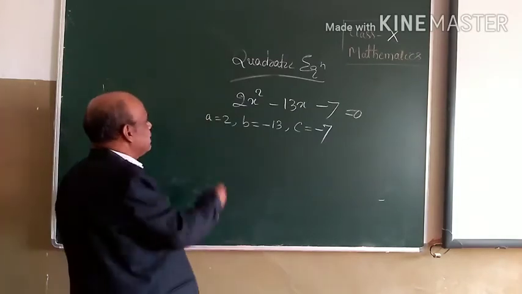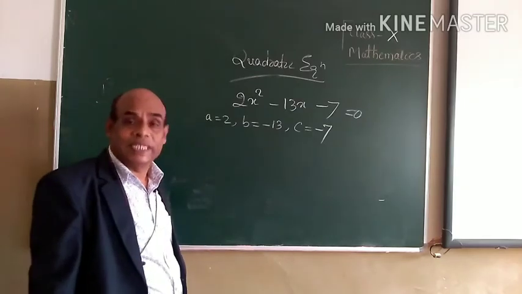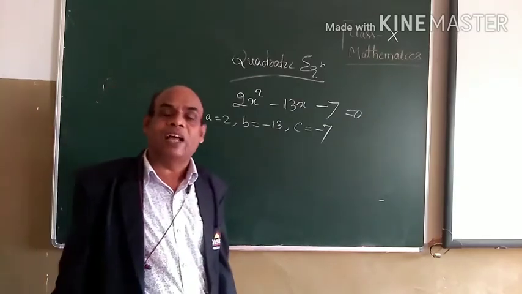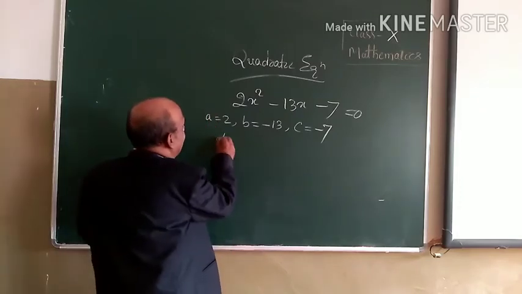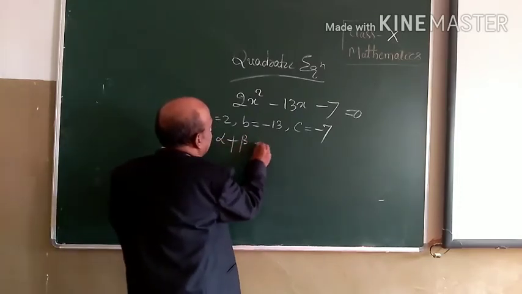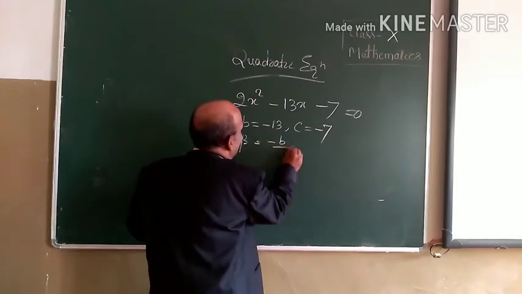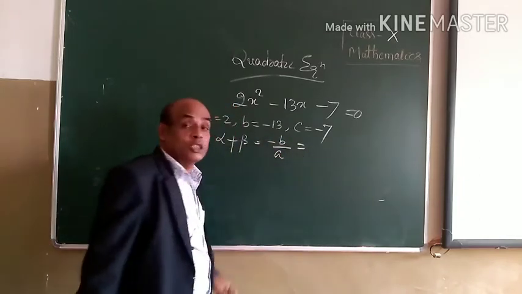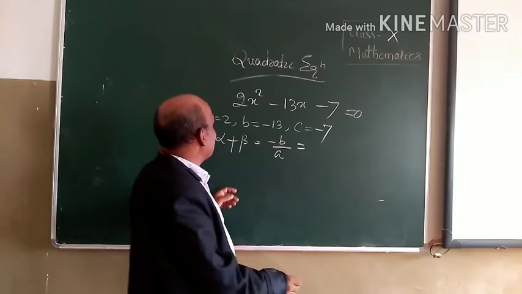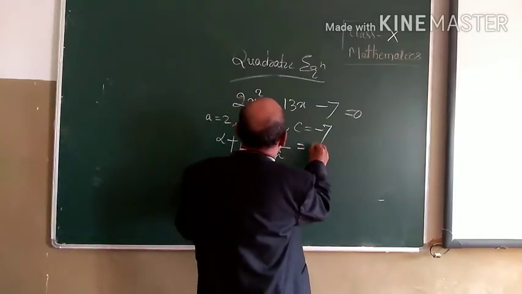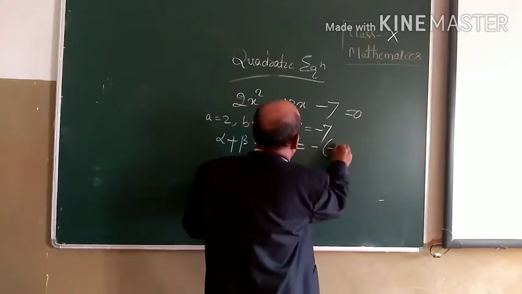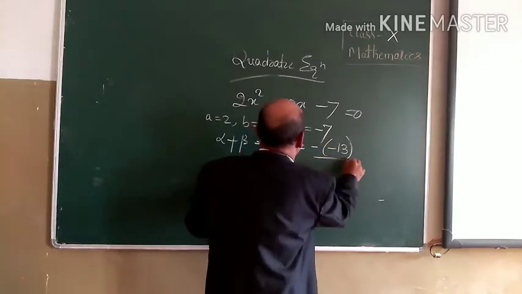Then you may write, if alpha and beta are the roots of the quadratic equation, then alpha plus beta is equal to minus b by a, as per the formula. So we will write minus b by a; b is minus 13, so the sign changes, and we get 13 by 2.